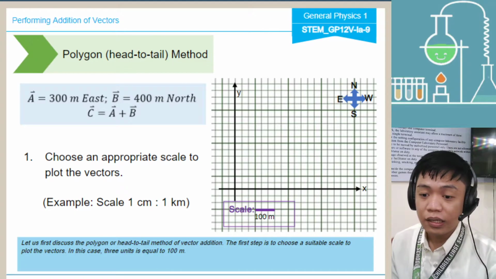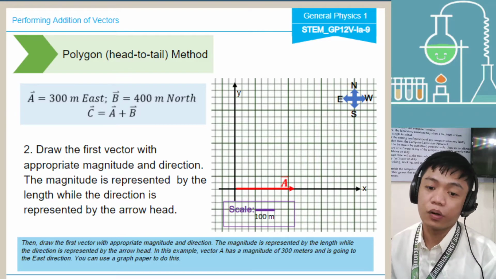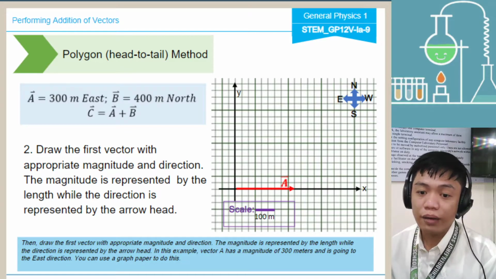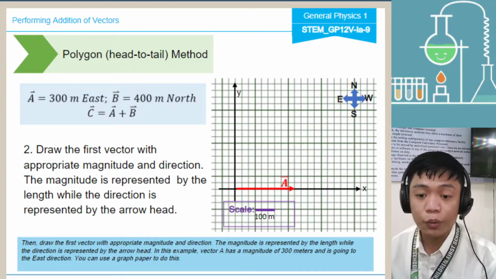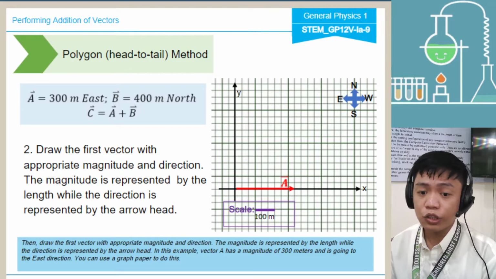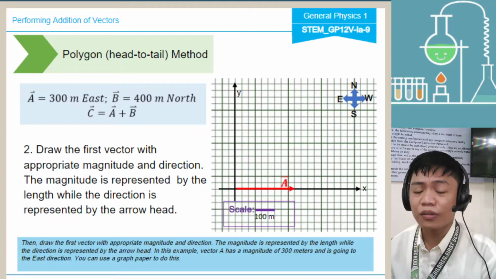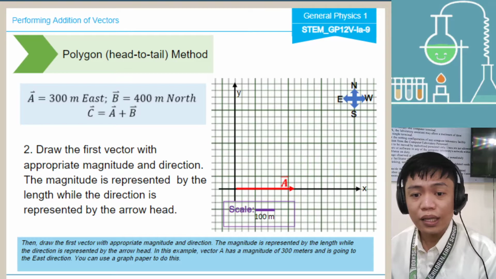Let's continue. The second step is to draw the first vector with appropriate magnitude and direction. Take note, what is our first vector? Our first vector is A, right? What is the direction of our vector A? It is 300 meters to the east.